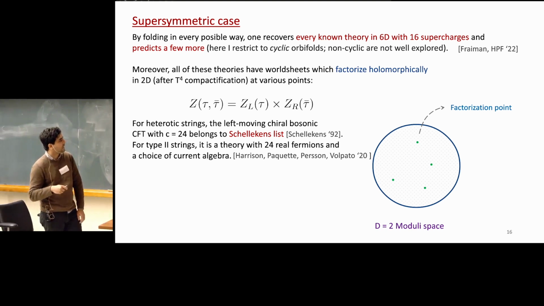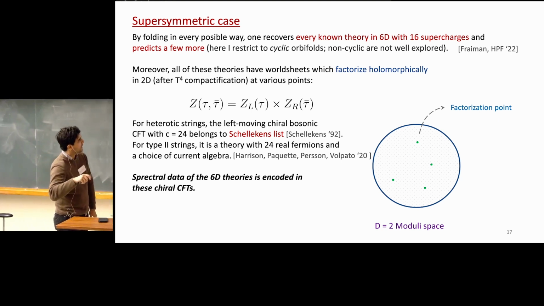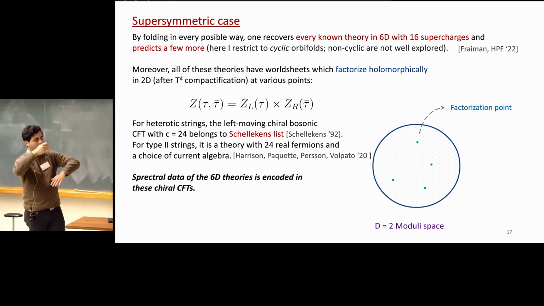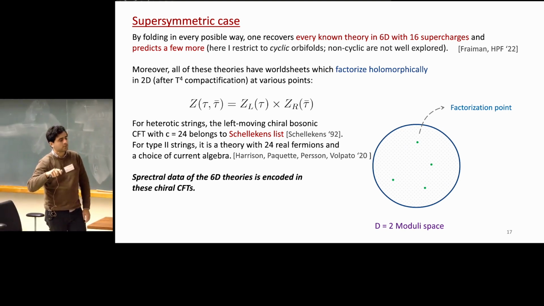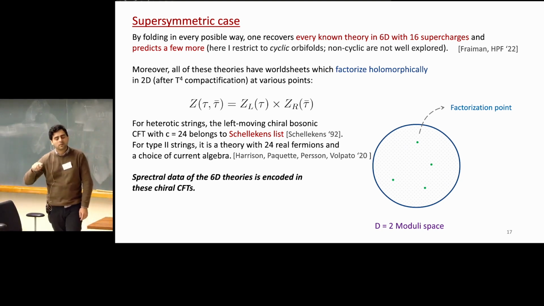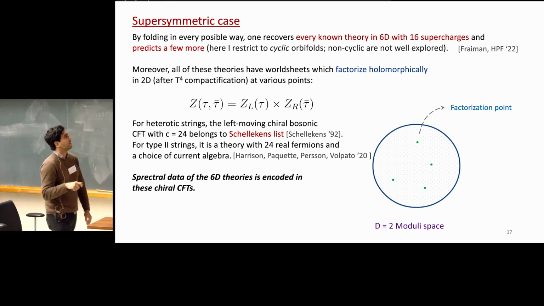Part of what I want to think about also is that if you look at the Schellekens list and then turn the problem on its head, you can see that there are missing string theory constructions in 6 dimensions that would fill out this list. And we strongly believe that those theories should exist.